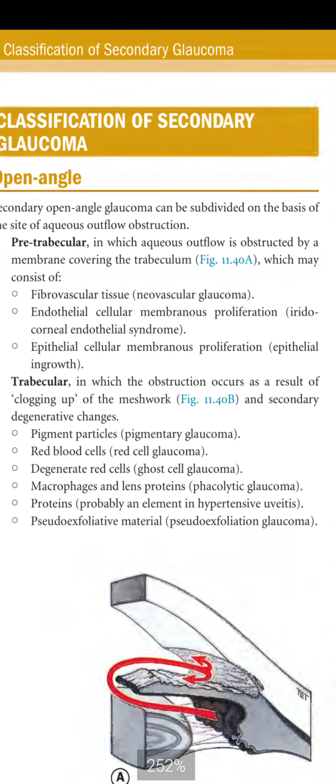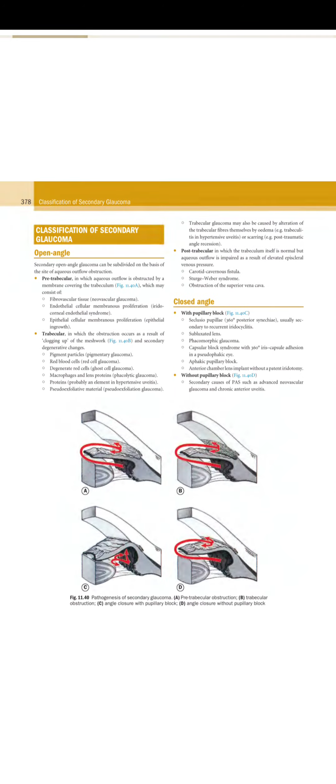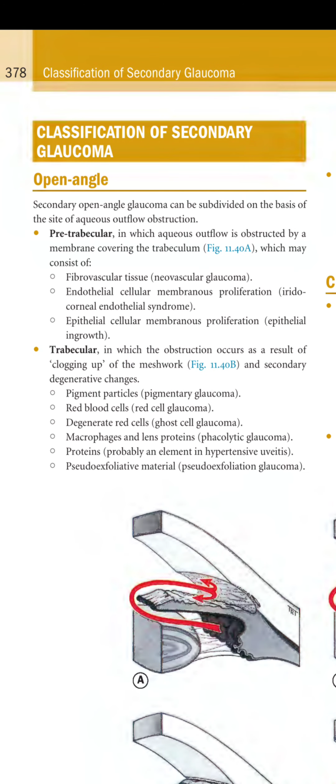So it contains fibrovascular tissue, like in neovascular glaucoma. One thing is that neovascular glaucoma can cause both open angle and closed angle as well. So fibrovascular tissue, endothelial cell membrane proliferation, iridocorneal endothelial syndrome. This is also a membrane that forms over the trabeculum. Epithelial cellular membrane proliferation, epithelial ingrowth.